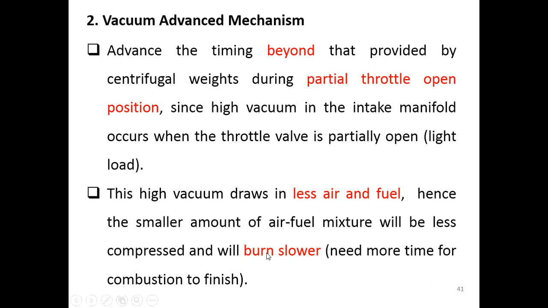So it needs more time for the combustion to finish. If the rate of burning is slow, the combustion needs more time, so you have to have more advanced ignition.